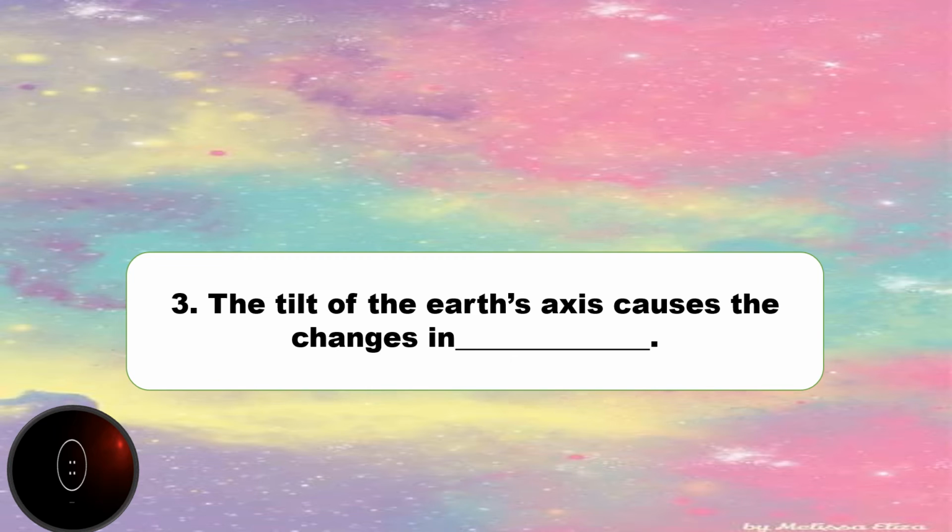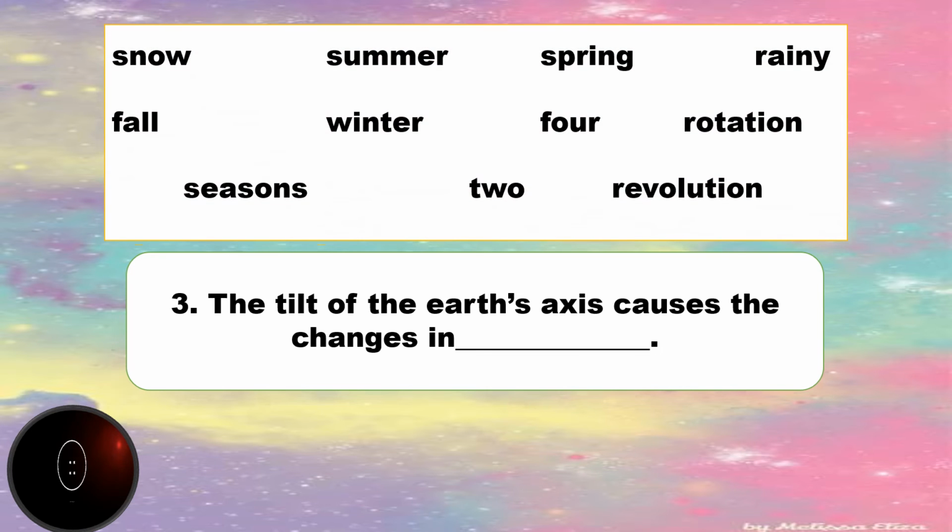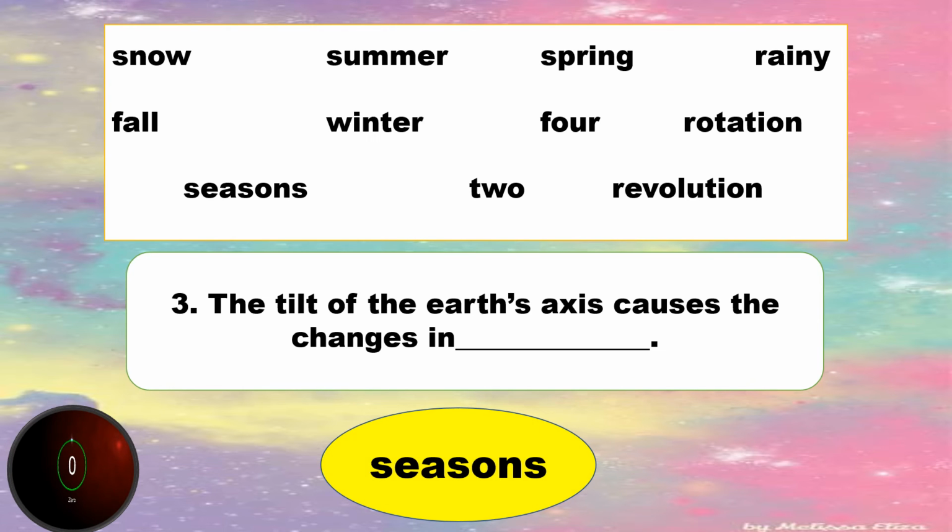The tilt of the Earth's axis causes the changes in blank. Again, the tilt of the Earth's axis causes the changes in blank. Timer starts now. Time's up. If your answer is seasons, then you are perfectly correct.